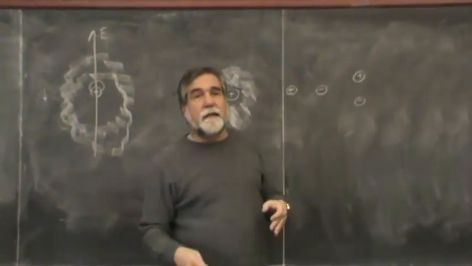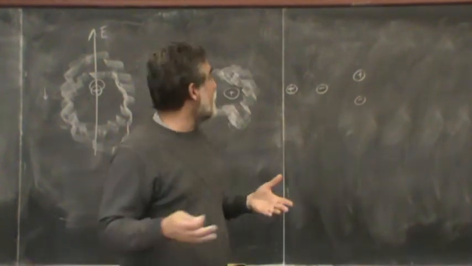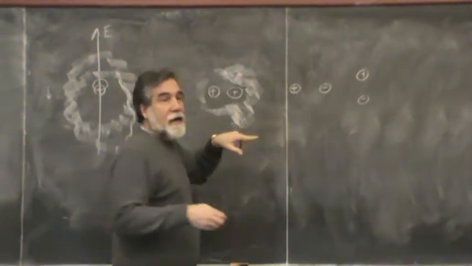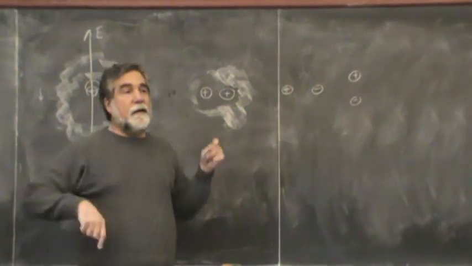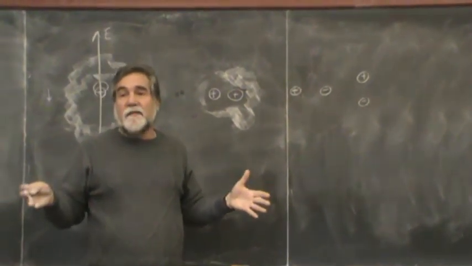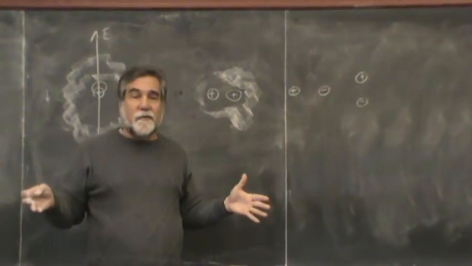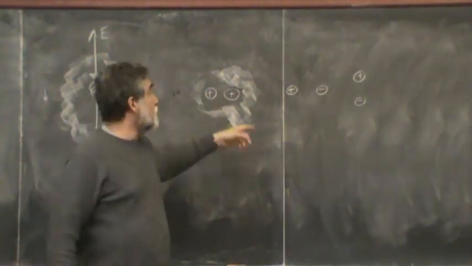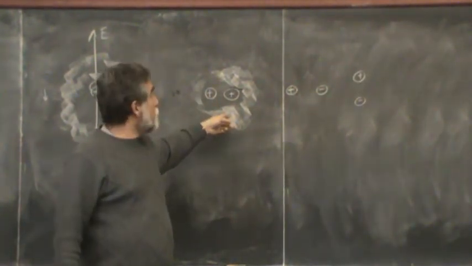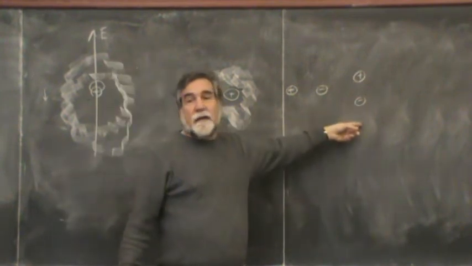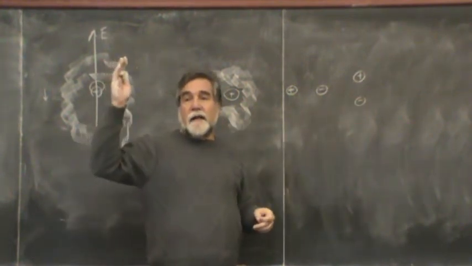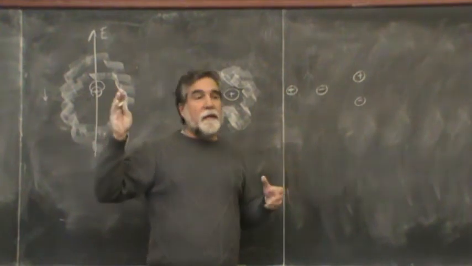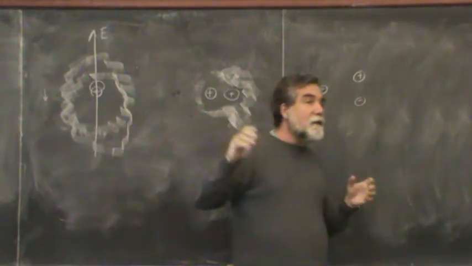So in gases without a net electric field, the atoms just tumble about, and the gas as a whole has no dipole moment and no net electric field over large distances, because the atoms are randomly rotating with respect to one another. When I apply an electric field, the atoms tend to align in the field. They're still tumbling about quite a bit, but they align a little bit in the field.